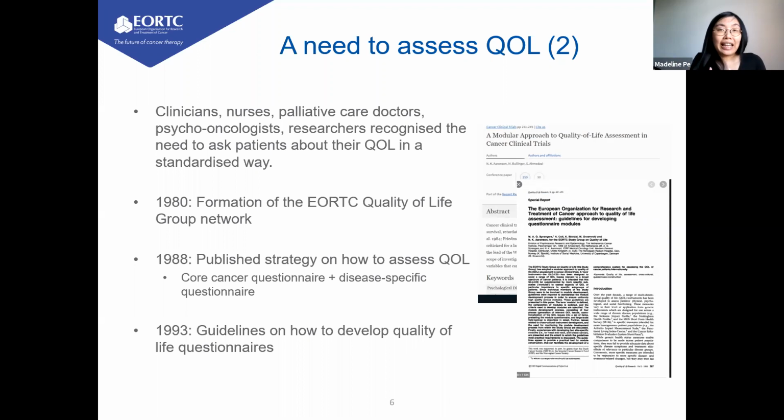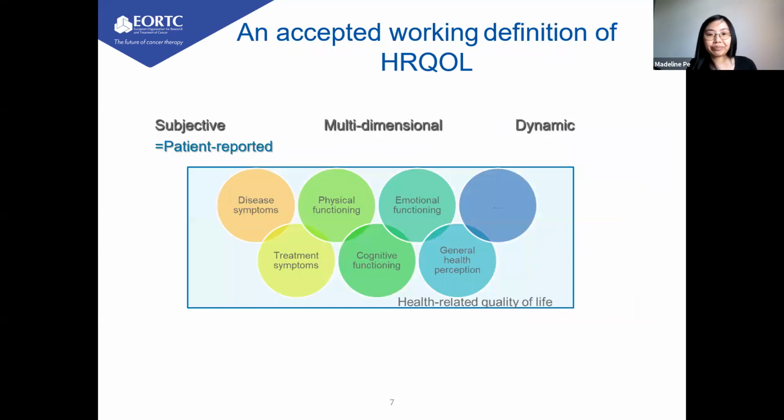It is a library of all the items on quality of life developed by this group of people. Because of the item library, we can now create questionnaires tailored to the specific needs or issues of a patient group in a specific context that are not covered by the core or the disease-specific questionnaire. Next slide, please.